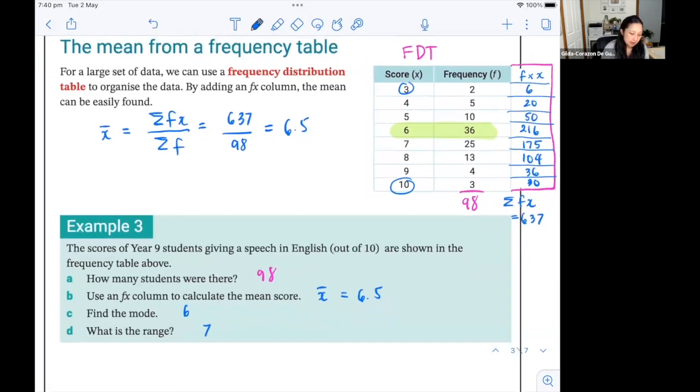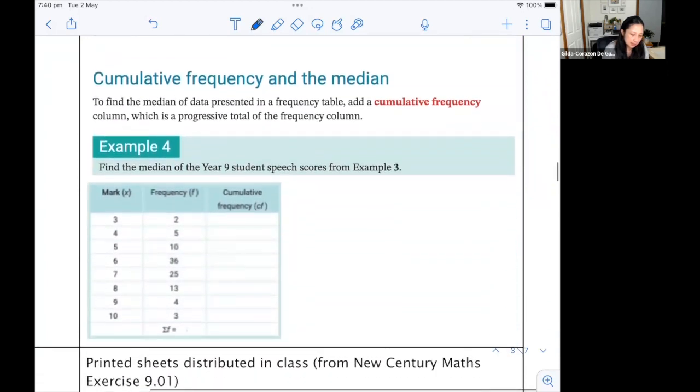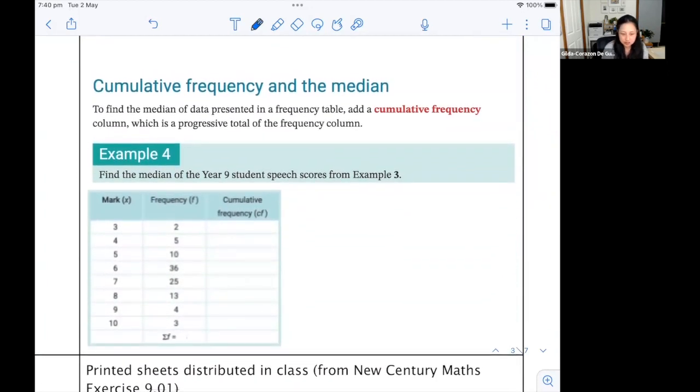Okay, now the next one is calculating the median. Now this one here might be just an extension for today, right? The cumulative frequency, it's usually shortened as CF. So it accumulates every row, right? You look at the frequency, you add it each time, okay? You add the next row each time, or the previous row each time. So there is no previous row from 2, and therefore it's just 2.